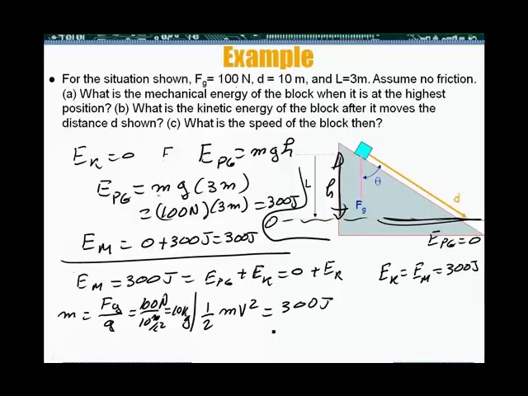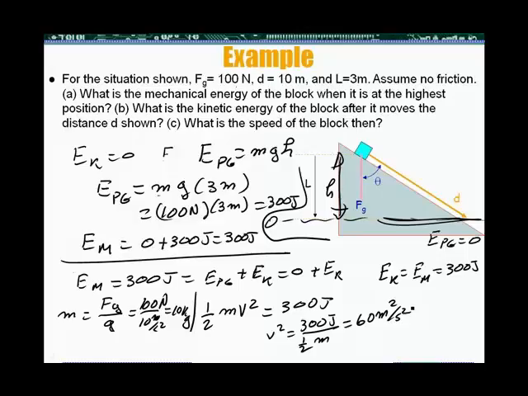And then here, v squared is going to be 300 joules over half of m. I divided both sides by half of m, so 300 over 5 kilograms. So that would give us 60 meters squared per second squared. And we take the square root of that.